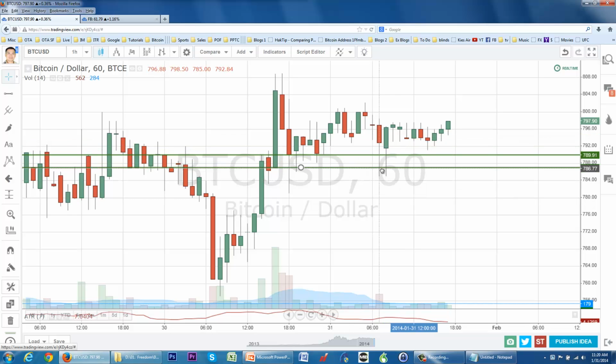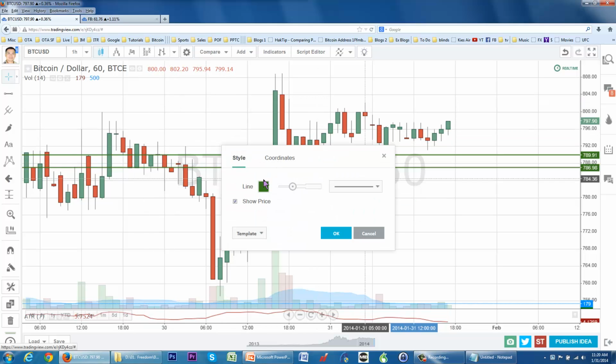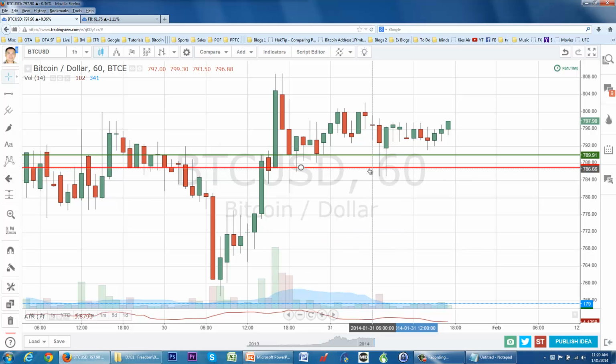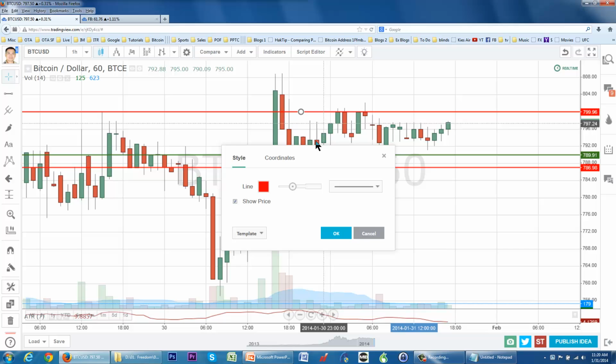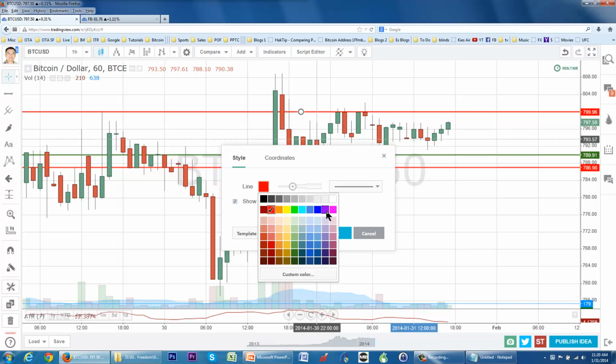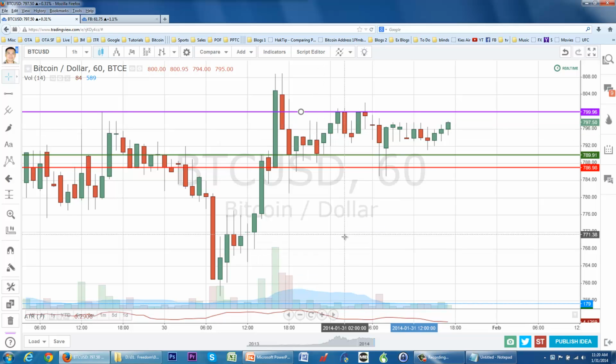And let's say that you want to set a stop loss. I like to color code red as my exit, and then I will clone this line again and put it up here as my target profit. And in this case, I'll just use purple, just so your eyes can tell the difference between the two.